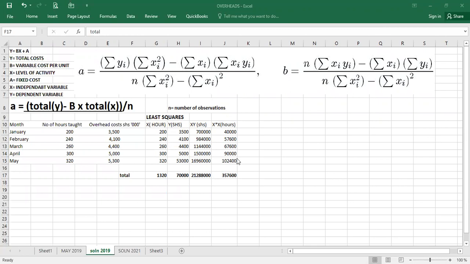We put them in the formula, and we first get our B. We want to start with B, and B will be equal to this.